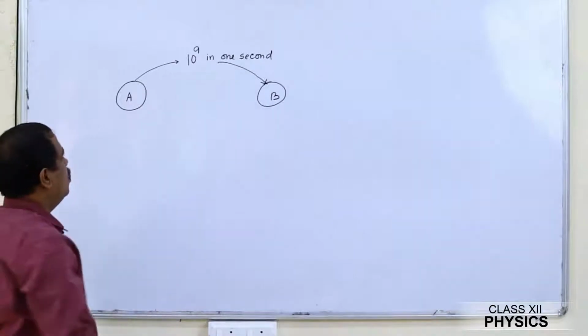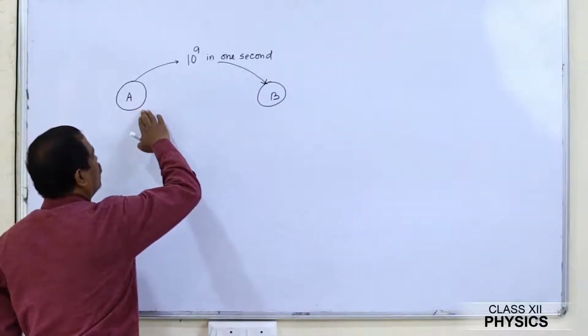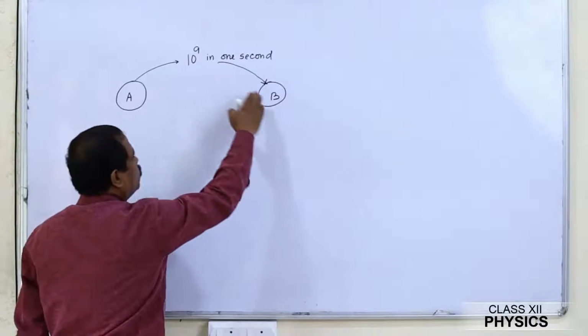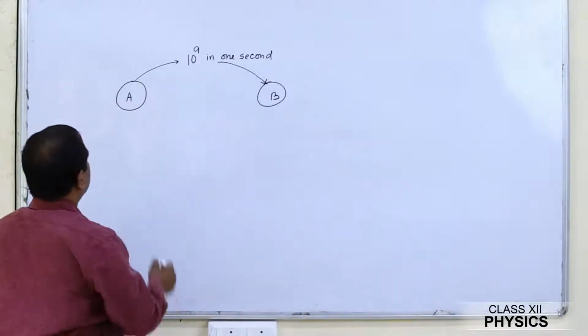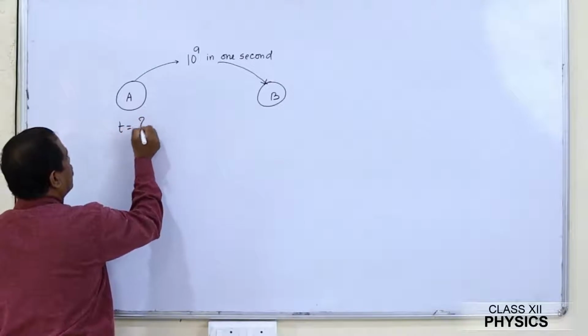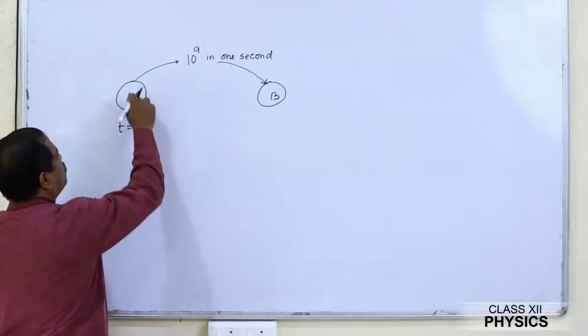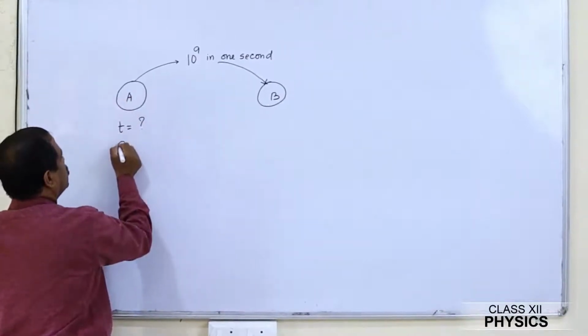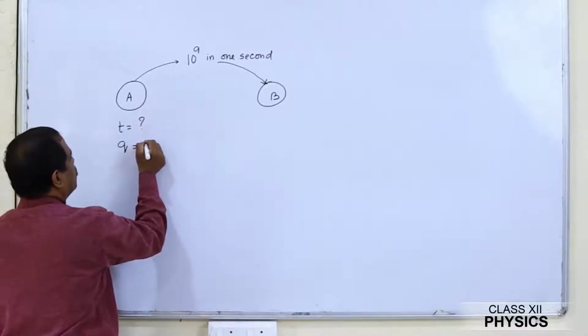Now, when 10 power 9 electrons in 1 second are taken from body A to B, the question is, what will be the time taken for this body to have a charge of 1 Coulomb?